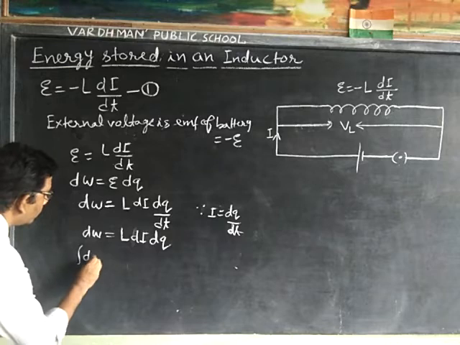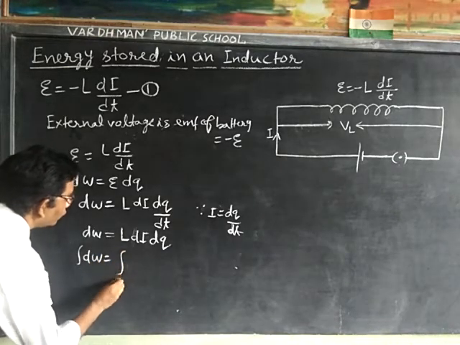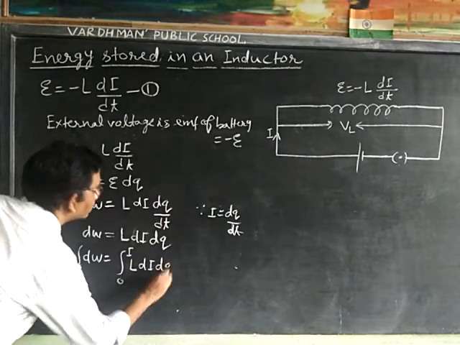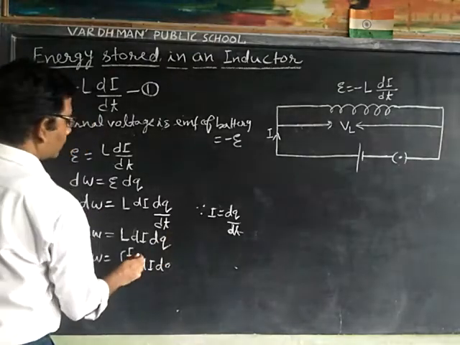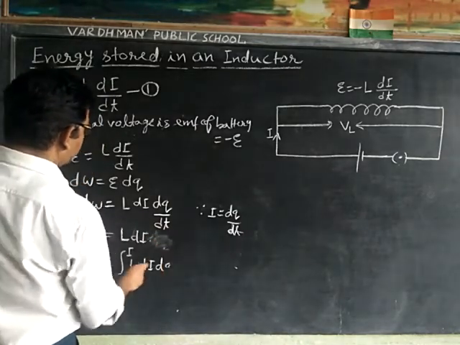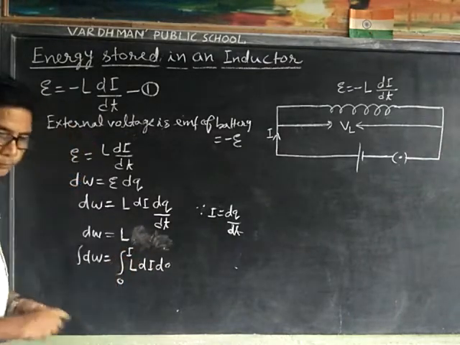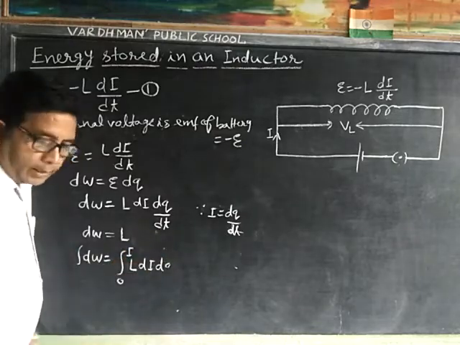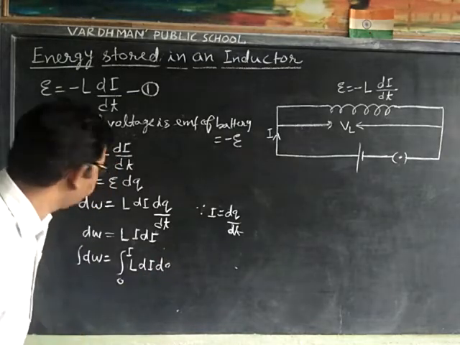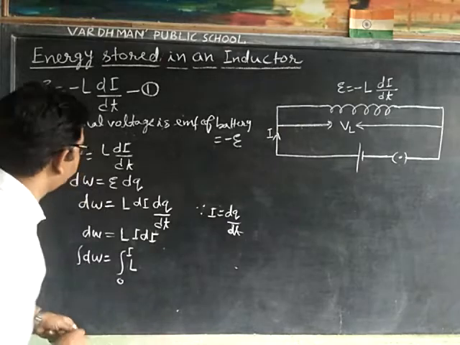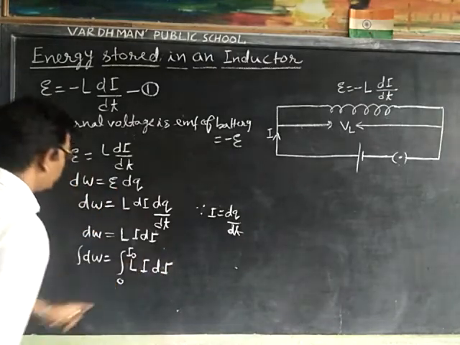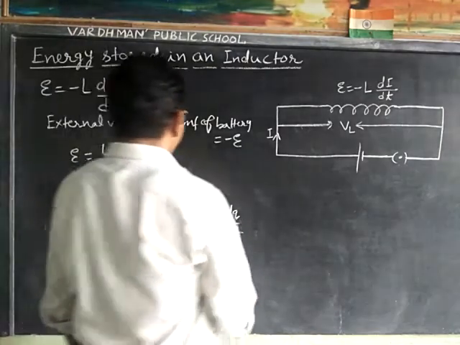That is, W is equal to the integral from 0 to I0 of L I di, with lower limit 0 and upper limit I0.